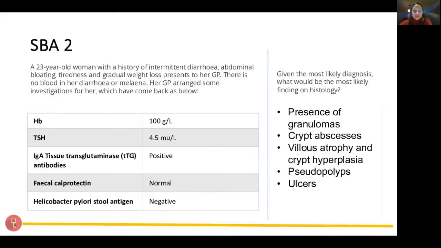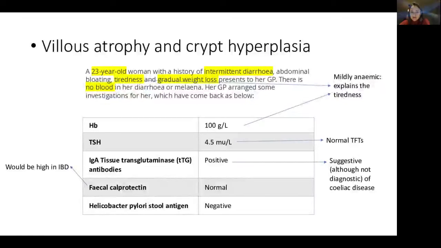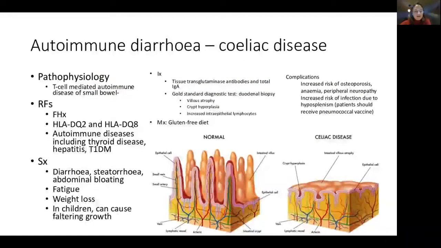And given the most likely diagnosis, i.e. celiac, the most common finding on histology would be villus atrophy and crypt hyperplasia, as mentioned by the majority of you. So well done. This is what we've already said. So celiac disease is a T-cell mediated autoimmune disease of the small bowel.